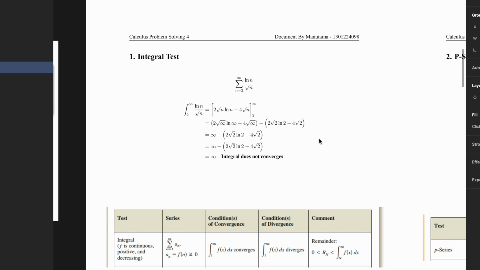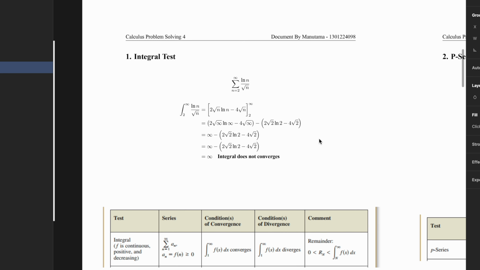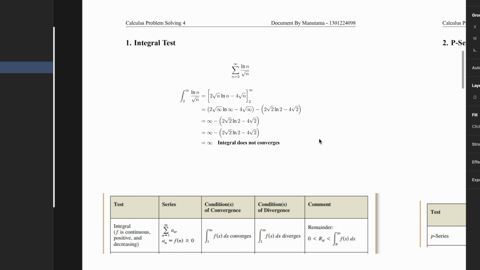Here I got question 1, and we are using the integral test for this. I took a series from n = 2 to infinity of ln n over square root of n.